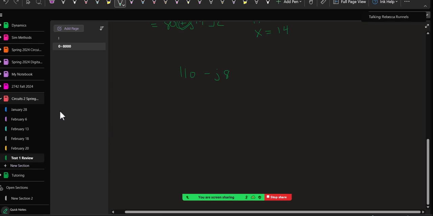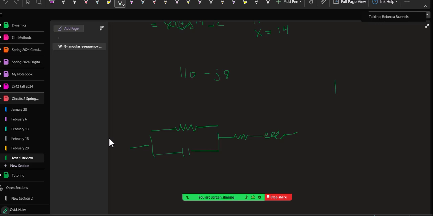Let's say we've got this, and a capacitor and a resistor and an inductor. Now, I would love to be able to say, oh, I know this, my angular frequency for resonance is 1 over the square root of LC, but I can't use that here because this is neither series nor parallel. This is good if you have a series or parallel.